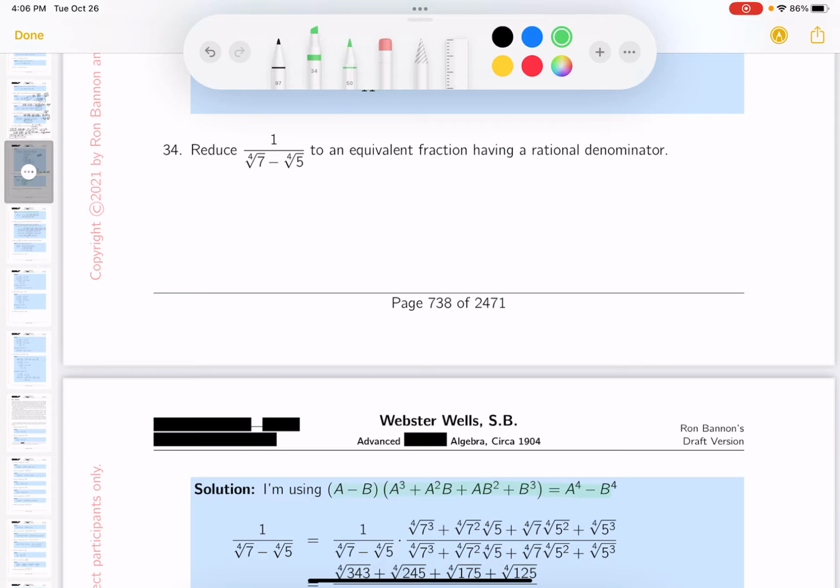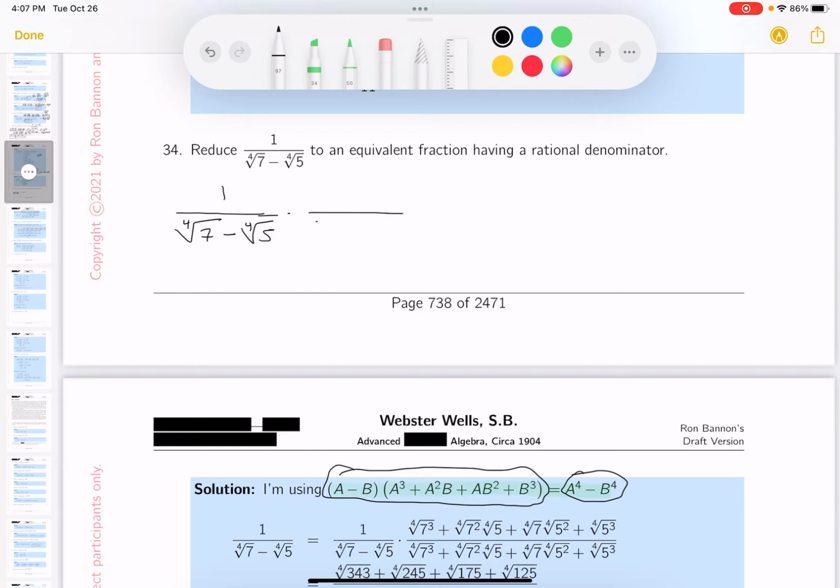You could look at it and do something like this. In other words, if you didn't see this, which would give you this, its conjugate, you probably could do something like this, right?